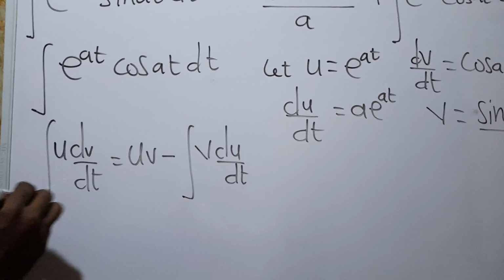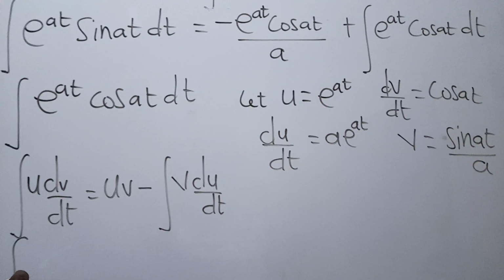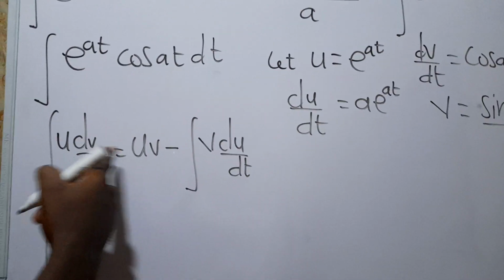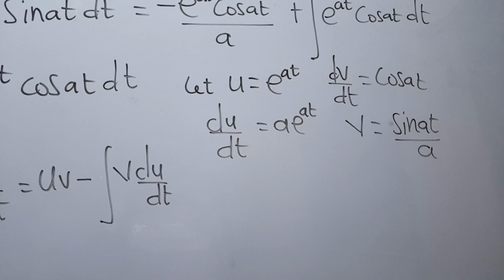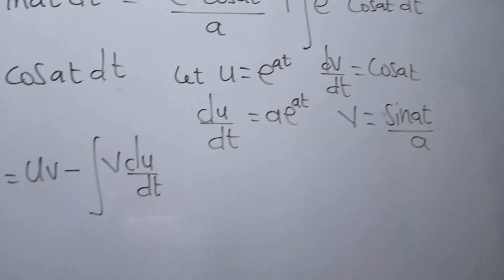Now what's our u? Our u is e^(at) and dv/dt is cos(at).